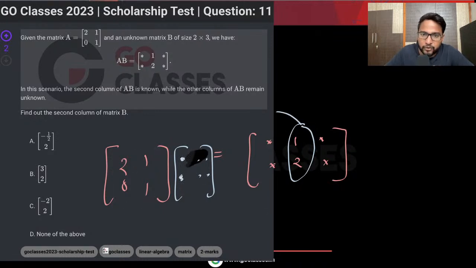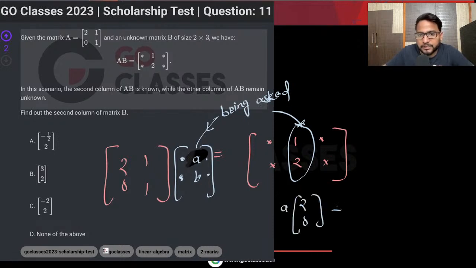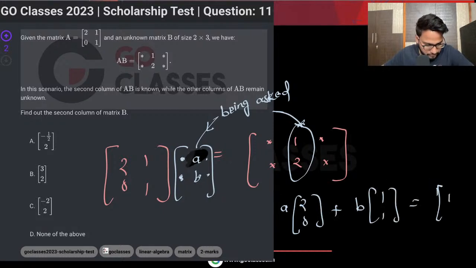Similarly, if you want to get this, let's suppose this is A and B. That's what is being asked, right? So you can say A into 2, 0 plus B into 1, 1 should be 1, 2. Is this okay to everyone?